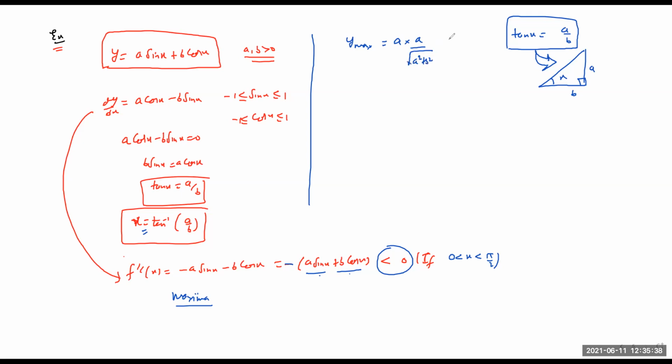Very good. And what is cos x? b upon under root of a square plus b square. Very good. So can you see that this turns out to be under root of a square plus b square, the same answer? So the maximum value of y, which you need to remember, is under root of a square plus b square.